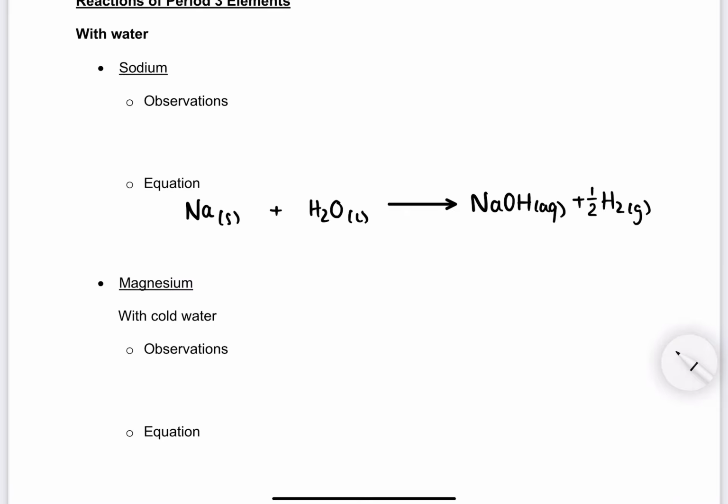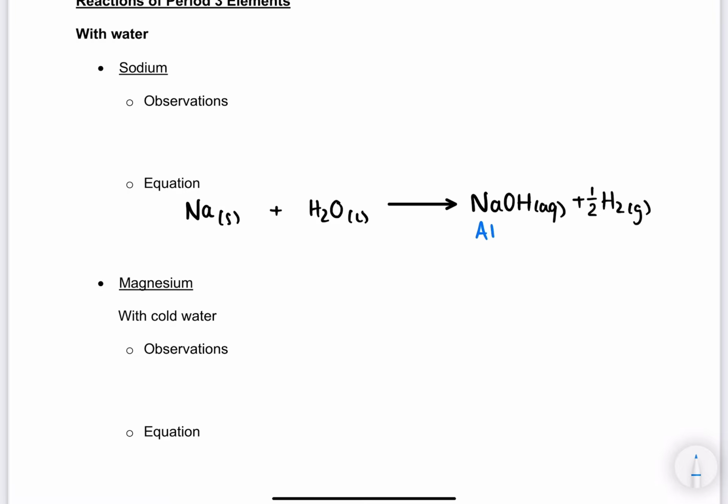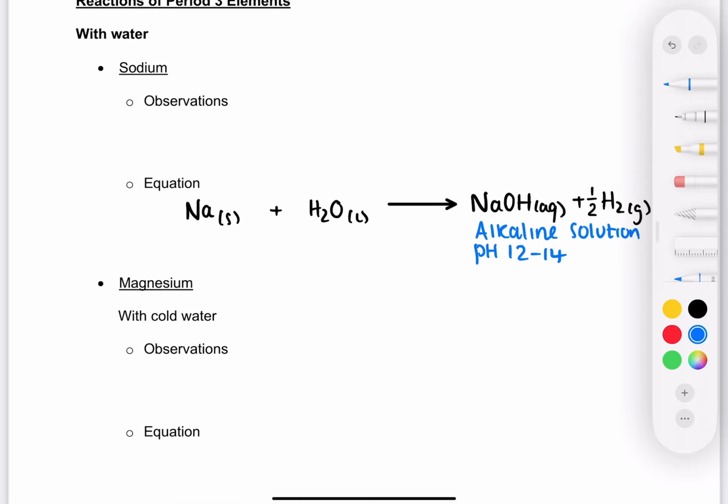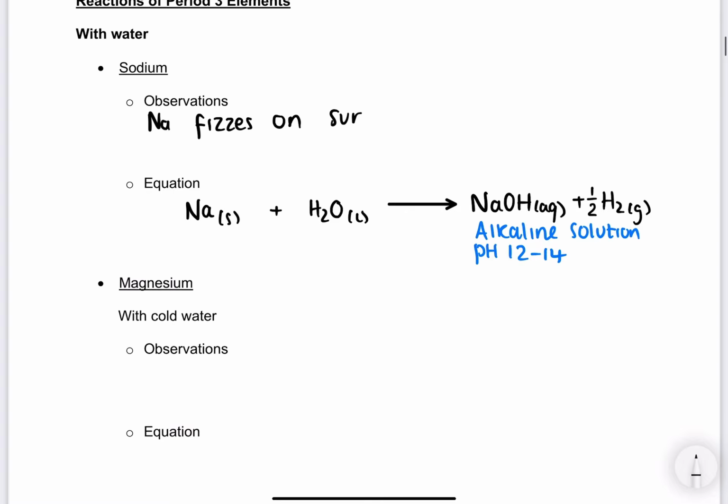Now what do we observe? Well, one of the things that we would observe in this reaction is that we would get an alkaline solution formed. So sodium hydroxide is soluble. It is a strong alkali, so it has pH 12 to 14. So when you put group 1 metals in water, the Na would fizz around on the surface, and reacts with the water, and it appears to dissolve.